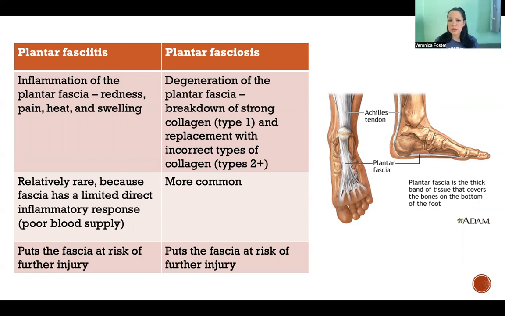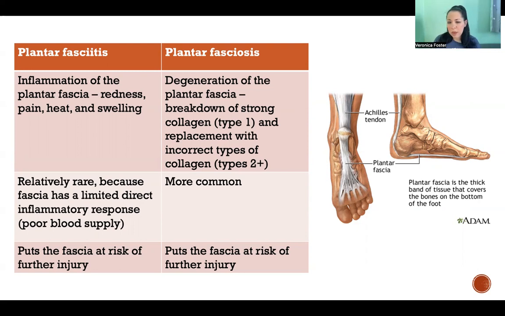What happens in tissues like fascia or a tendon is another example. When we are overusing that tissue, we're breaking down the collagen, the strong protein that makes up that tissue, which is normal. We go through that all the time. We do normal remodeling of our tissues where we break down the old tissue and replace it with new tissue.